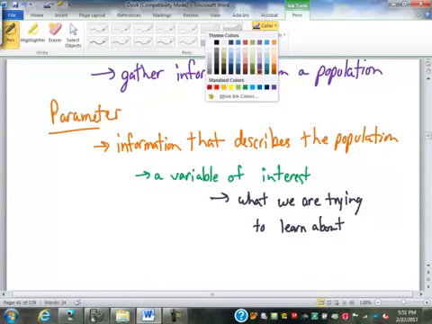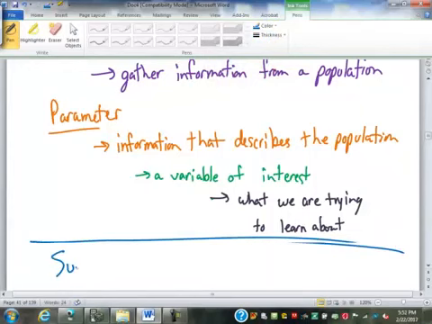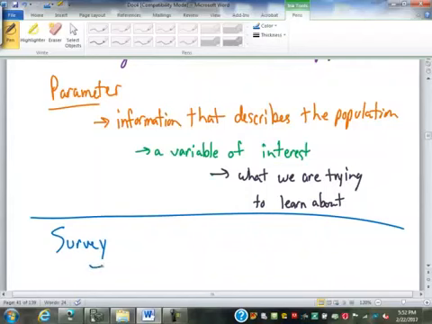Well, then next we have a survey. A survey is the equivalent of a census. It is an attempt to gather information from a sample or about a sample.